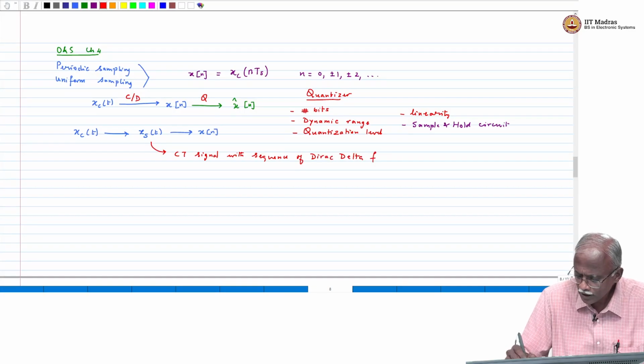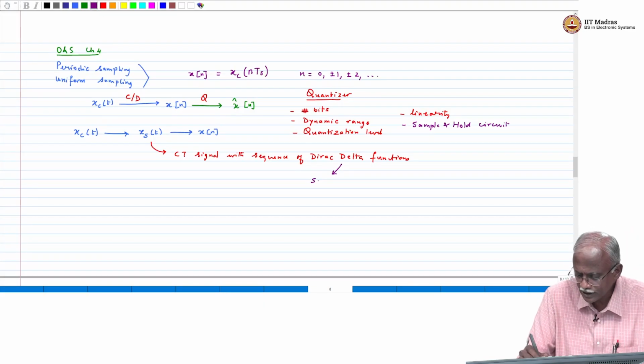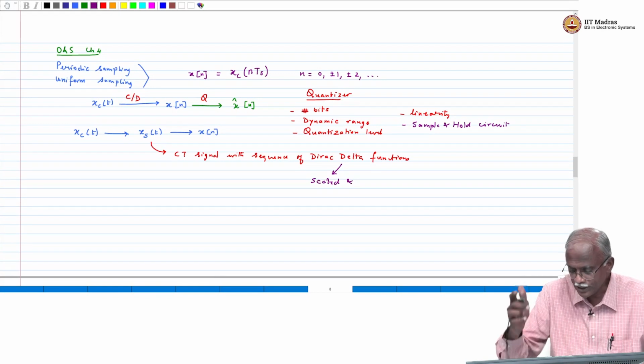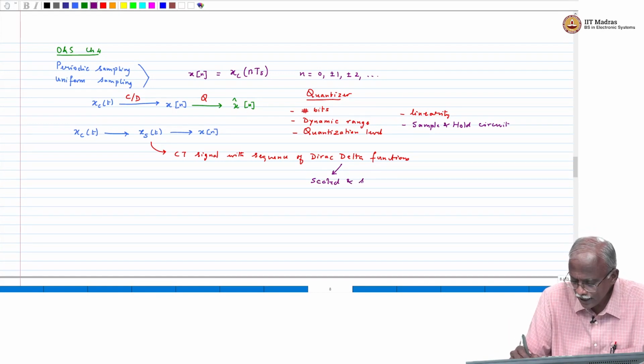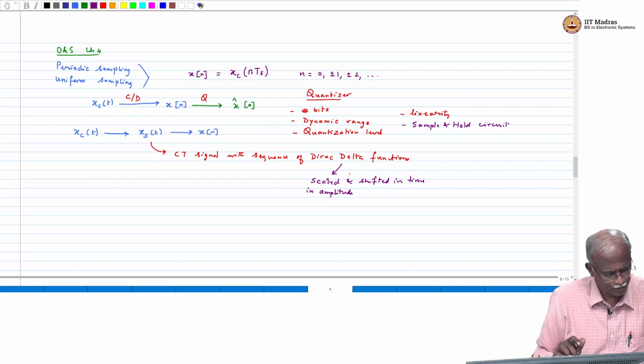These Dirac delta functions, you will find that they are scaled because they are multiplying the continuous time signal, and they are shifted in time because the Dirac deltas all occur with the spacing of Ts. So scaled and shifted in time, scaled in amplitude, and we will explain this in more detail.